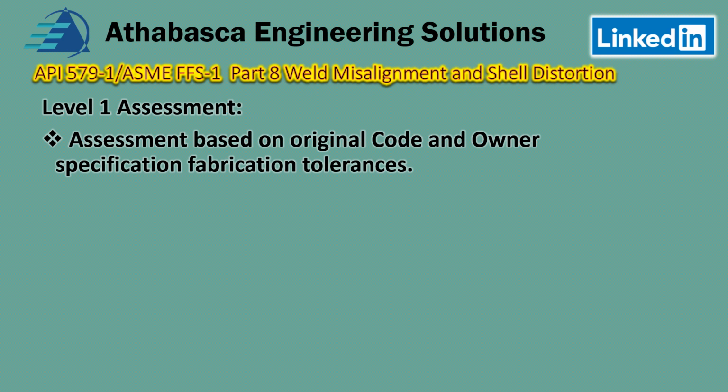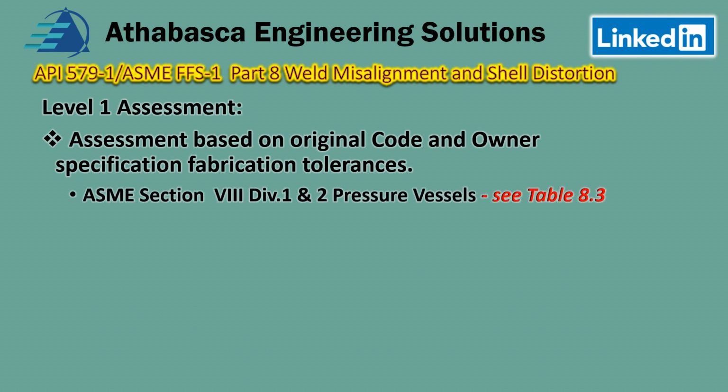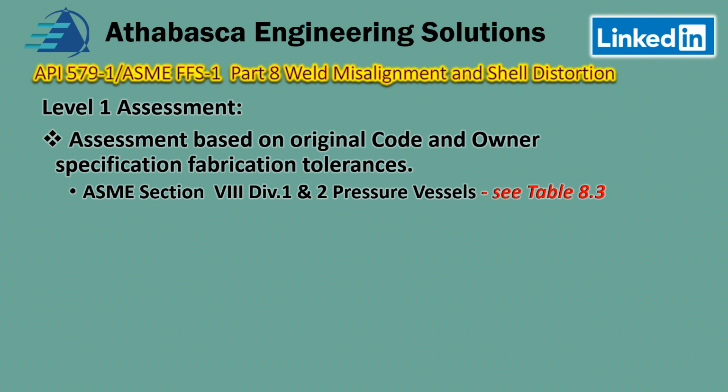For example, larger clients will have specific requirements for tolerances on the diameter or the fit up of connections. For ASME Section 8 Divisions 1 and 2, there's a table summarizing their tolerances built right into the code, so you don't have to go back and look at Division 1 and 2. It's Table 8.3, and it's found in both editions.